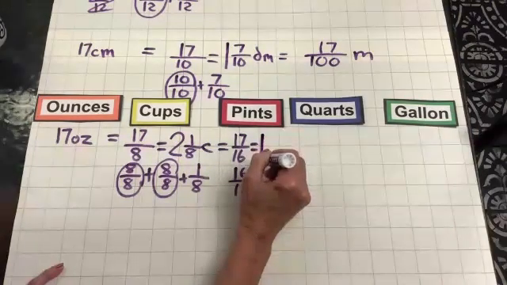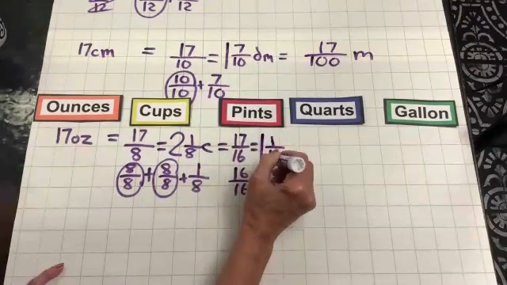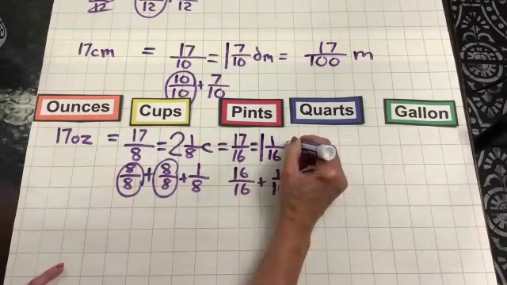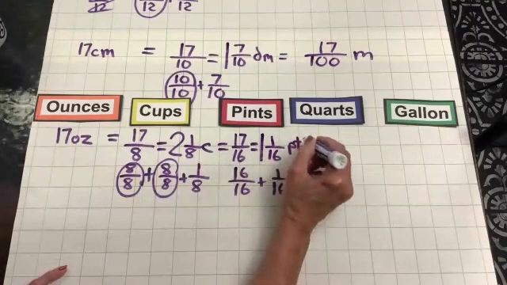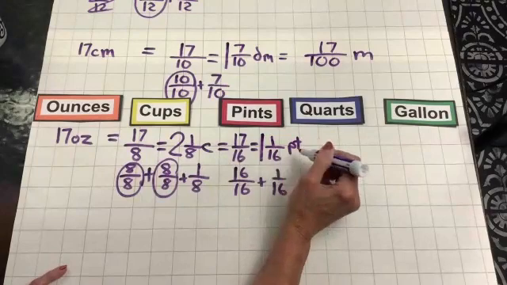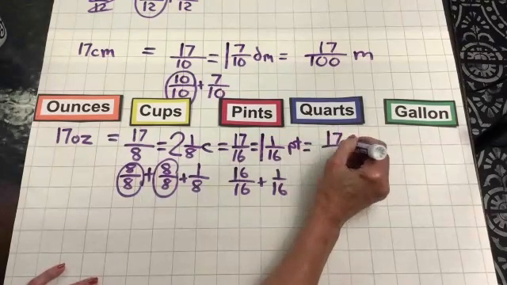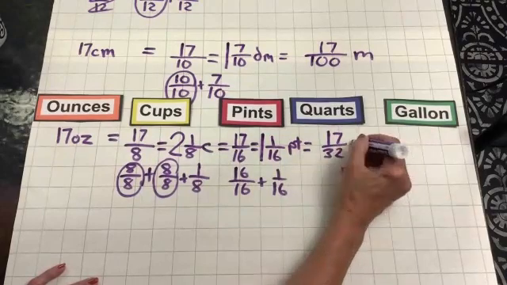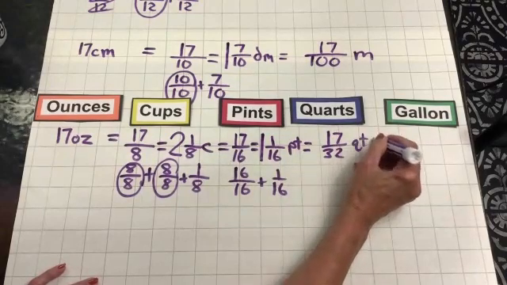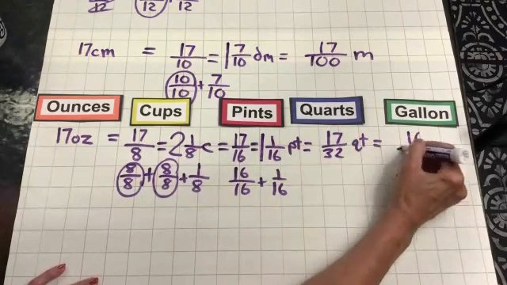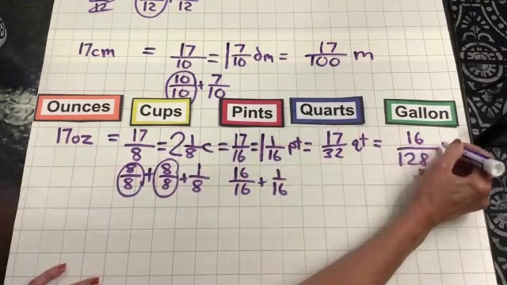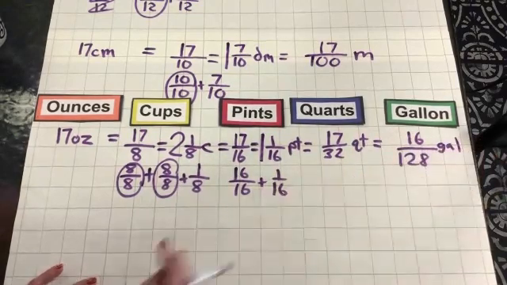So we have 1 whole pint with 1/16 left. So that's 1 and 1/16 pints. Then we have 17 out of 32, which we cannot change up in any way. And we have 17 out of 128 gallons.